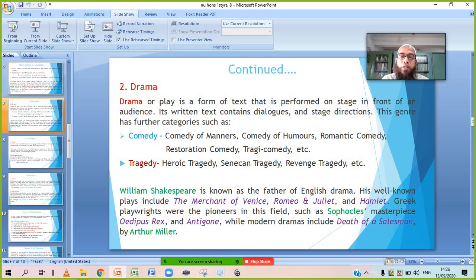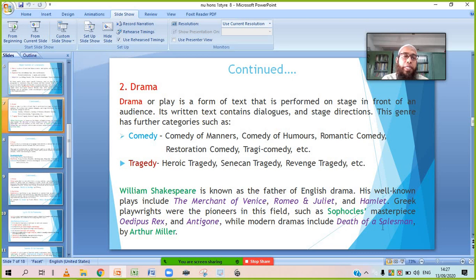You know William Shakespeare is known as the father of English drama. His well-known plays include The Merchant of Venice, Romeo and Juliet, and Hamlet. And you must know Shakespeare is also a great poet. Greek playwrights were the pioneers in this field, such as Sophocles, whose masterpieces are Oedipus Rex and Antigone, famous dramas written by the Greek dramatist Sophocles.